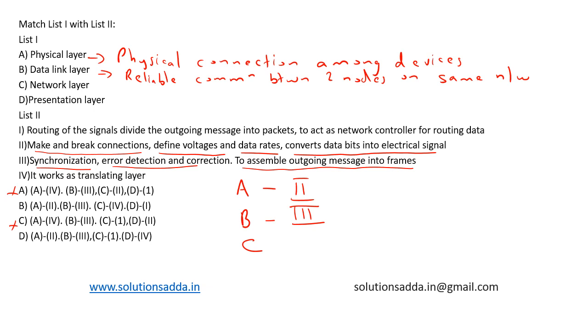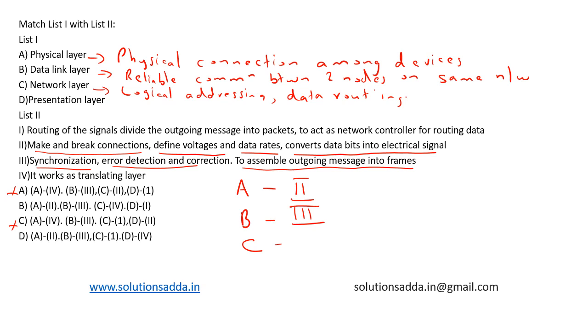Now let's see option C, that is network layer. The network layer provides logical addressing and routing of data between different networks. So logical addressing as well as routing of data, data routing. These are some of the major functions.